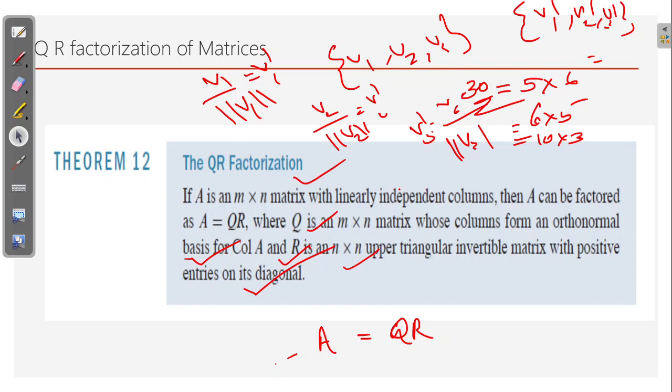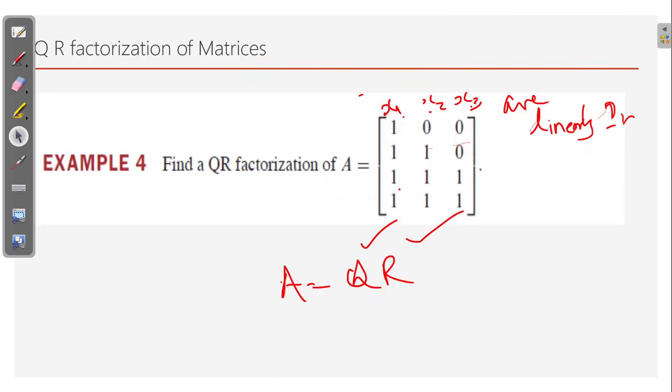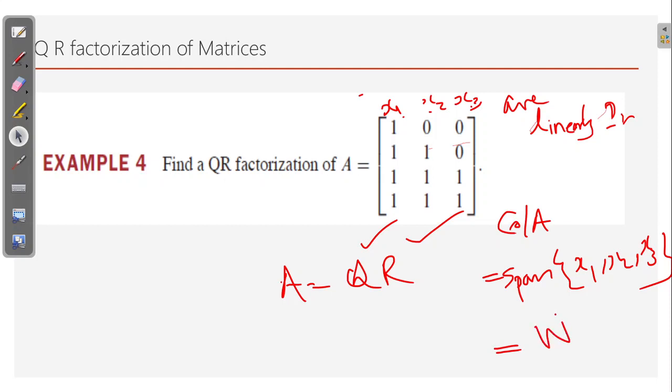That means by the Gram-Schmidt process you can find the orthonormal basis for column space A. Column space A is nothing but span of x1, x2, x3, which is equal to our subspace W in example 2.